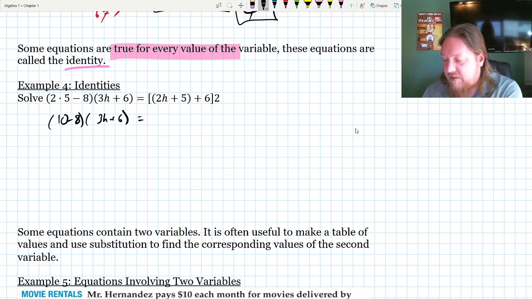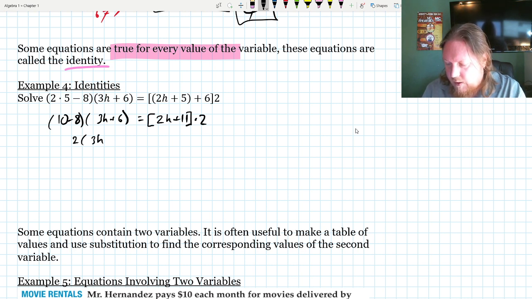2h plus 5 plus 6, associative property. I can add that 5 and 6 together, and I get 2h plus 11 times 2. That's some distributive property I'm going to do in a second here. 10 minus 8 is 2. 3h plus 6.